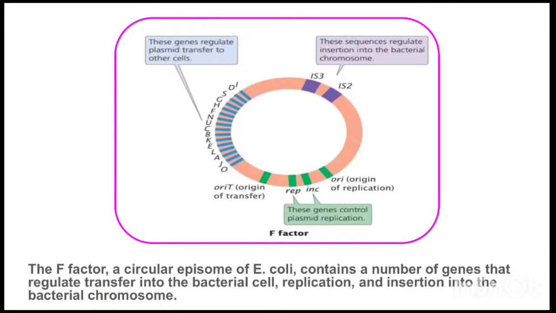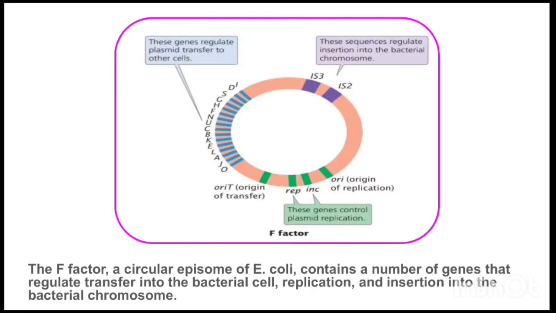So this is the F factor. You can see over here some of the genes are shown. These genes regulate plasmid transfer to other cells, and they are D, S, G, H, F, N, U, C, B, K, E. Then oriT, that is the origin of transfer.